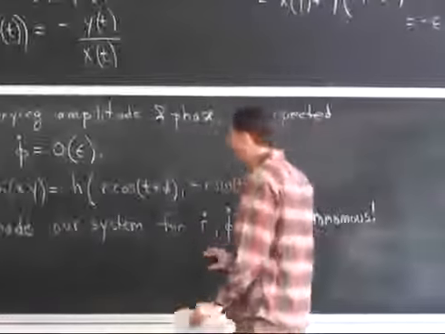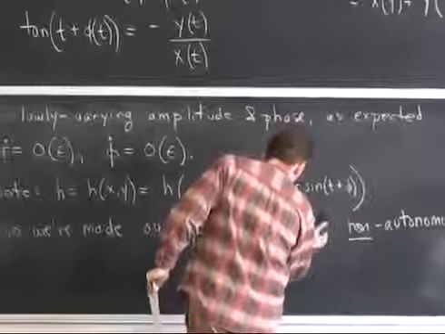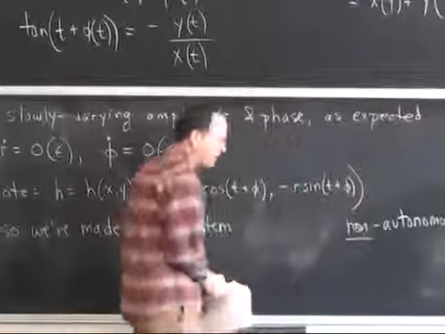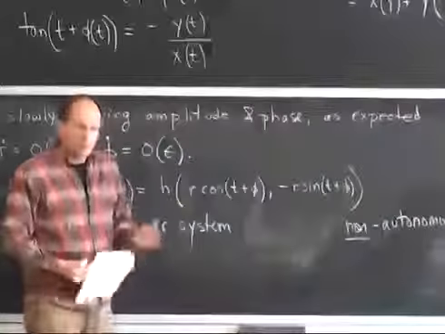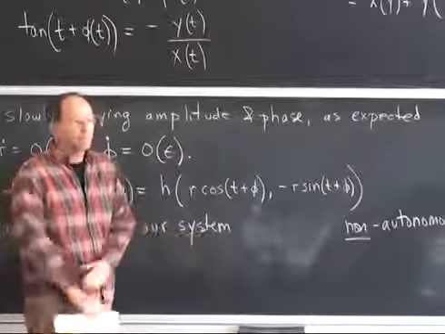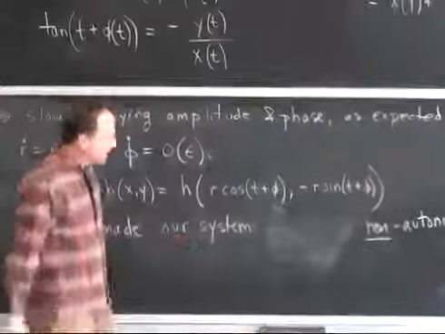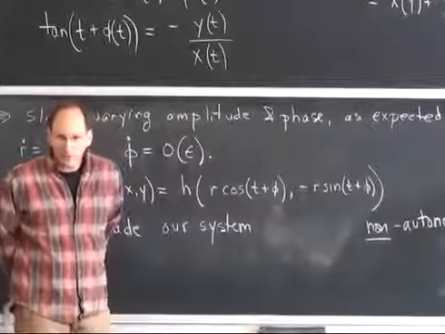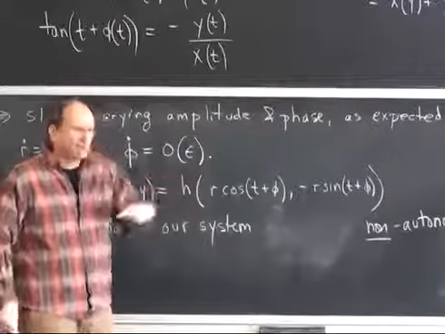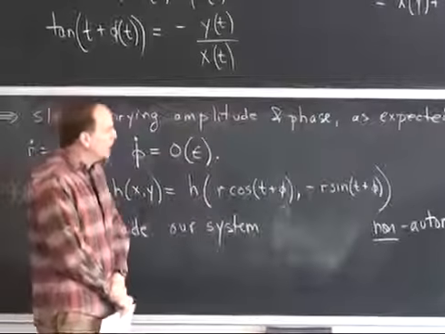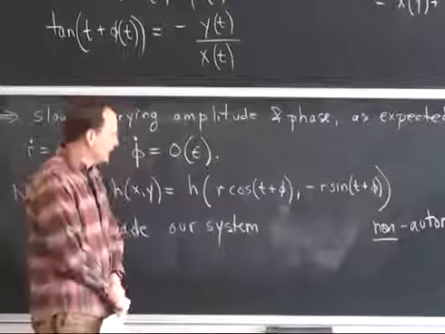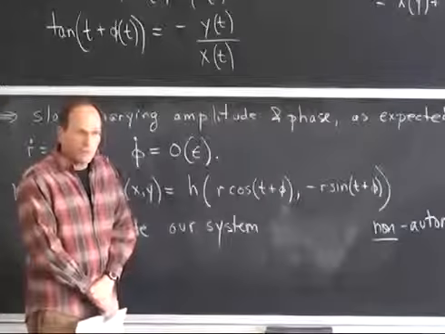What I really mean is we've made our system, which used to be for x and y, that had no time in it. So, right, I shouldn't have said it like that. I just mean we made the dynamical system non-autonomous in this set of coordinates by going into this rotating frame. But it's okay. Yes, thank you. That's better to say it that way. Is there another comment?